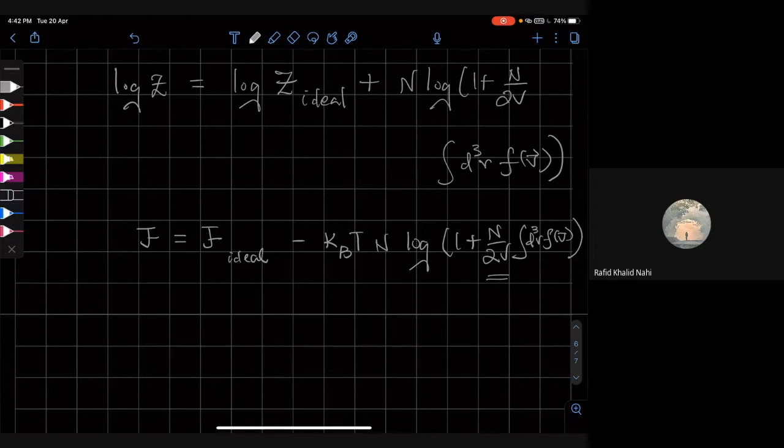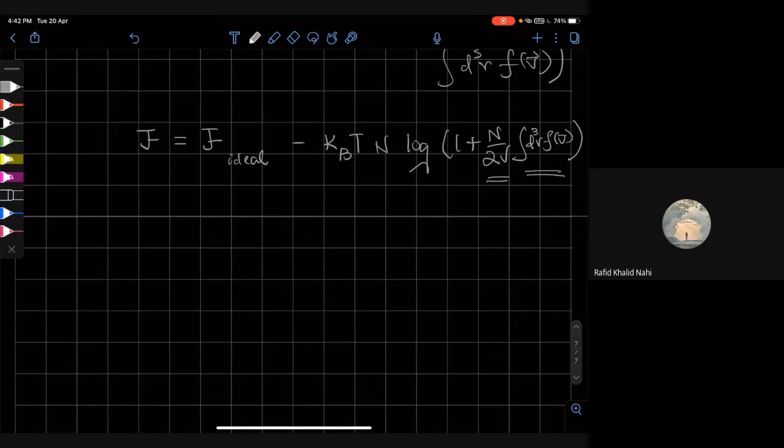So, for this to be an expansion parameter, a valid expansion, we have to have some assumption about this integral, right? So what is the validity of our approximation?